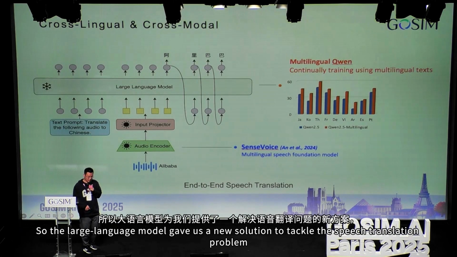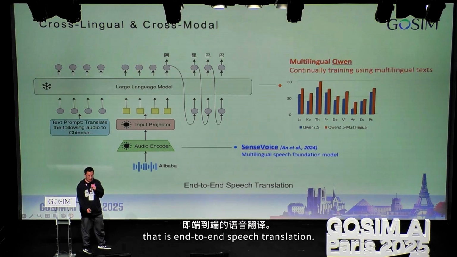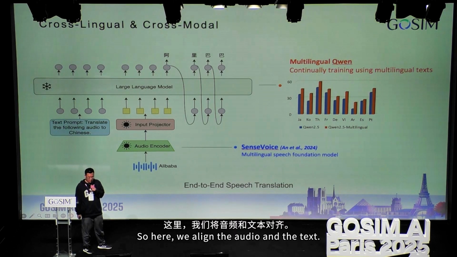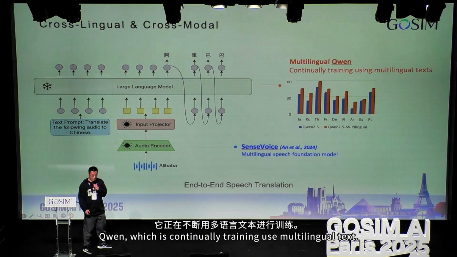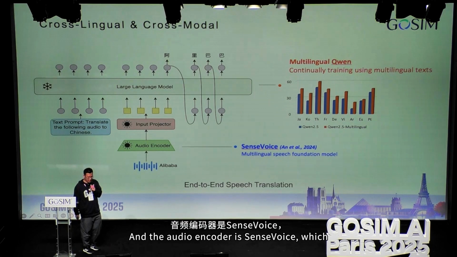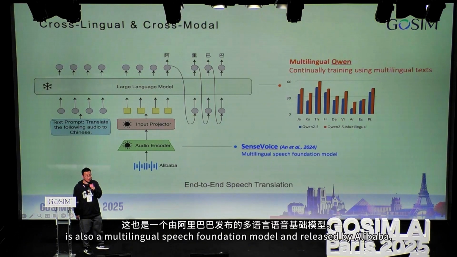So the large language model gives us a new solution to tackle the speech translation problem, that is end-to-end speech translation. Here we align the audio and the text. The large language model we use here is a multilingual version of Qwen, which is continually trained using multilingual text. And the audio encoder is SenseVoice, which is also a multilingual speech foundation model released by Alibaba.